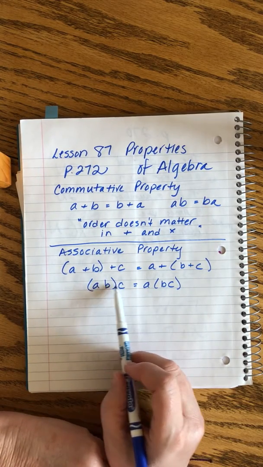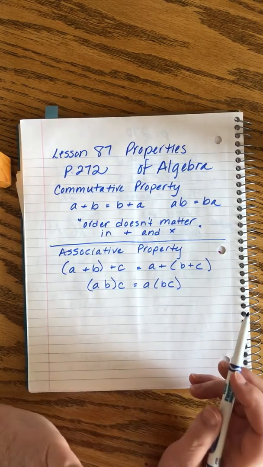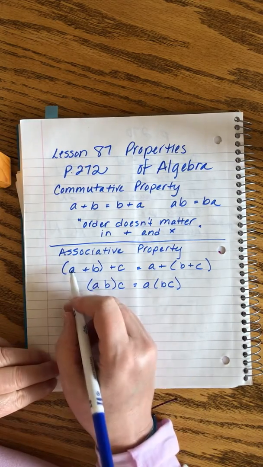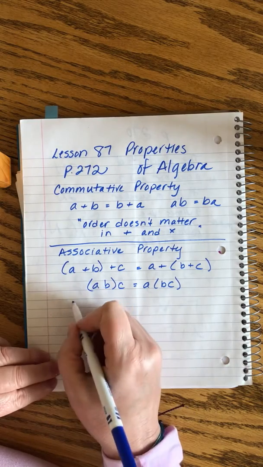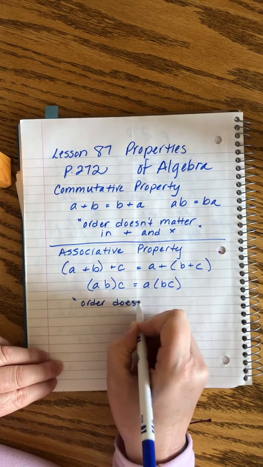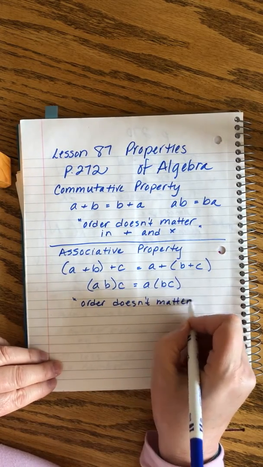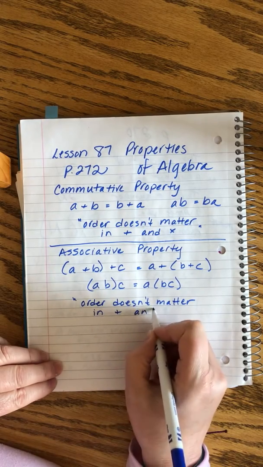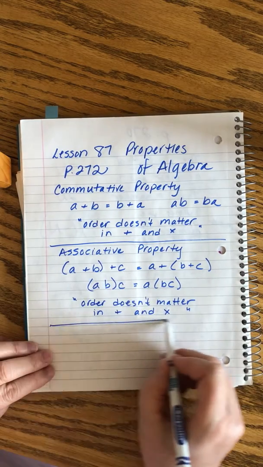You can multiply the first two and then the third, or you can multiply the second ones and then the first one. Again, it's addition and multiplication. Same advice: order doesn't matter in addition and multiplication, even if you're grouping things.